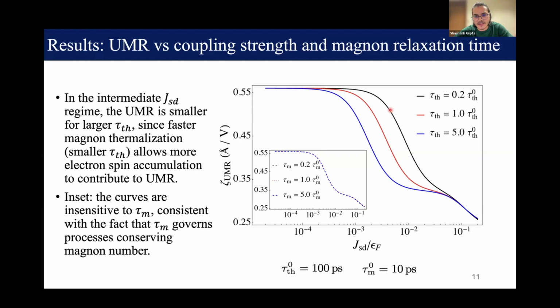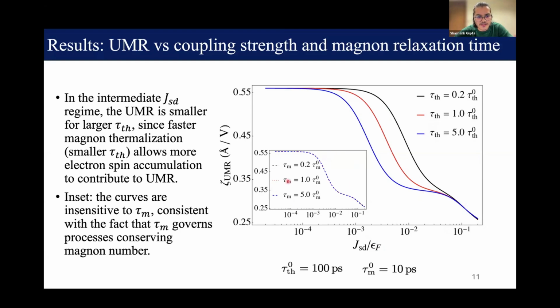But as we increase the thermal relaxation time, the thermalization process becomes slower, so more magnons interact with electrons, hence we have less UMR. And when we increase the coupling strength to a large limit, all 3 curves merge into a single curve because of the saturation of the conversion.